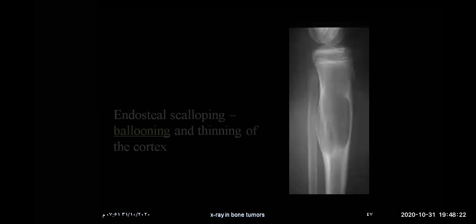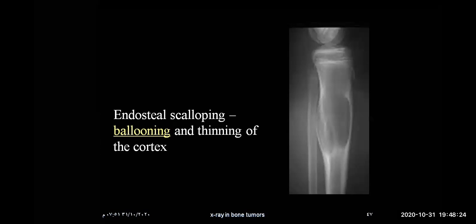Thickening of the cortex or sclerosis. So this is endosteal sclerosis to be obvious on one side, here, and ballooning on the other.